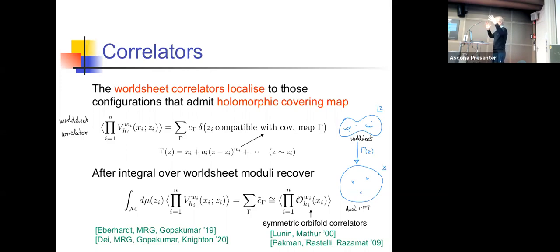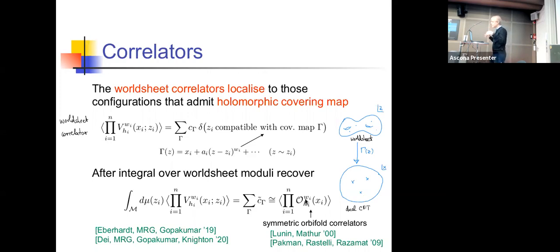It's a finite problem. There are only finitely many such covering maps. And therefore, what this means is that this correlation function becomes the sum of delta functions. And when you then do the integral over the worldsheet moduli, you recover exactly the sum over all the covering maps, and thereby reproduce manifestly the structure of the symmetric orbifold correlators.